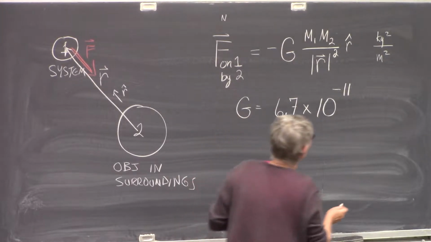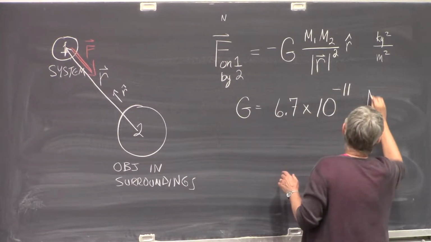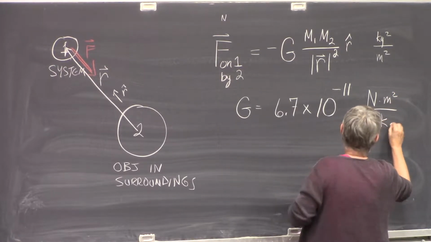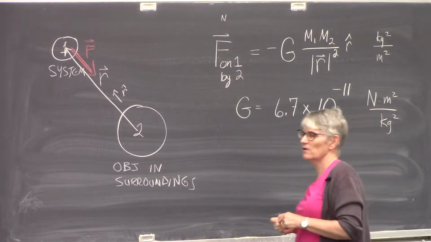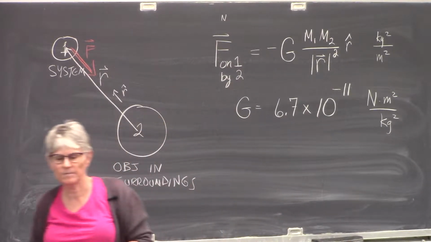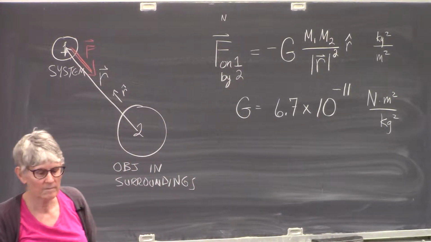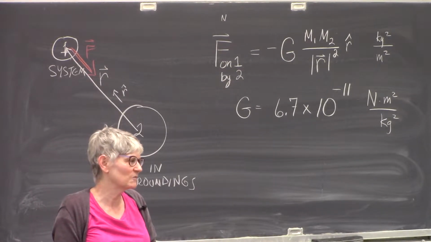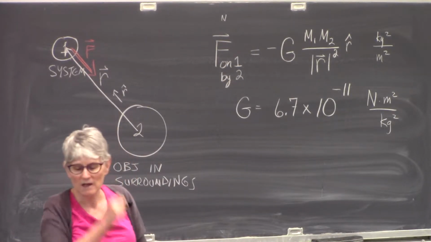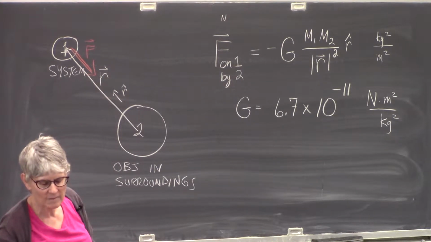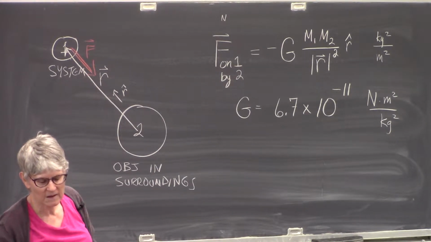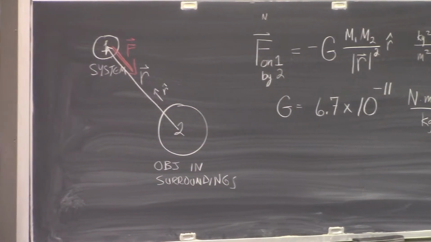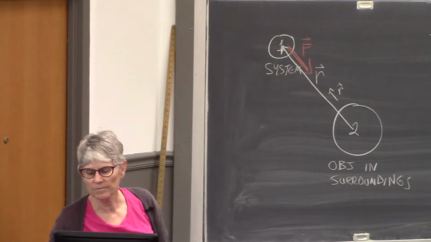So the units of this are newton meter squared per kilogram squared. This is not a number you have to memorize. If you need it, we'll tell you what it is. But it's interesting that it's kind of a small constant.